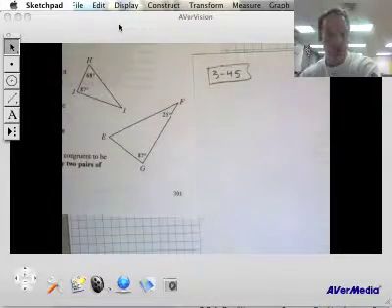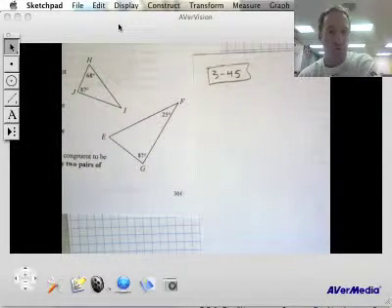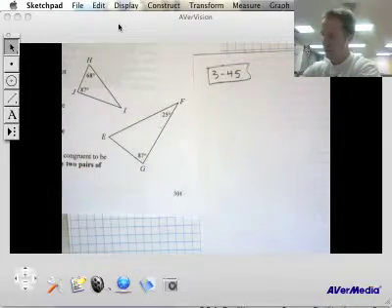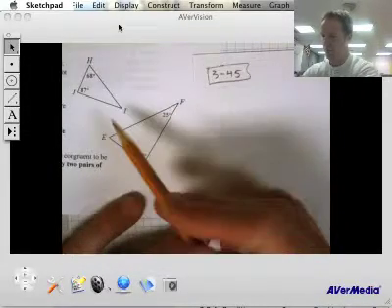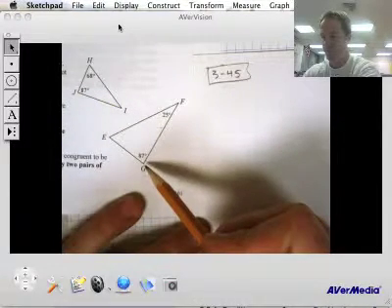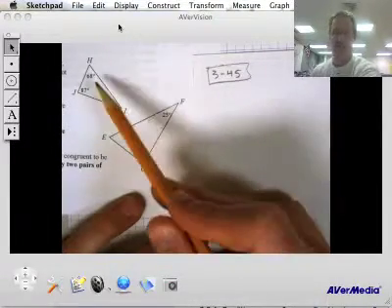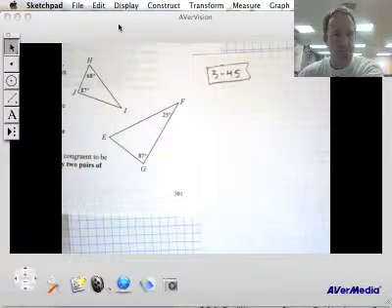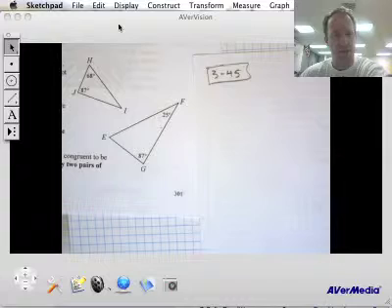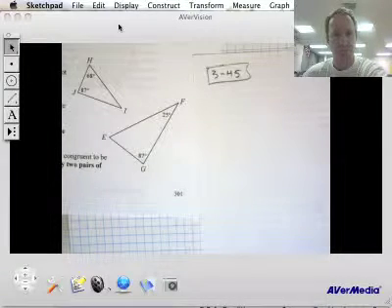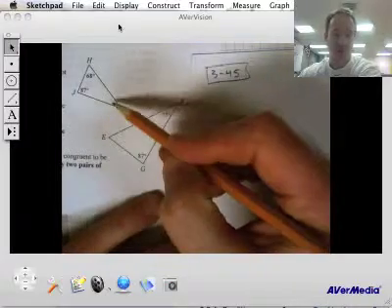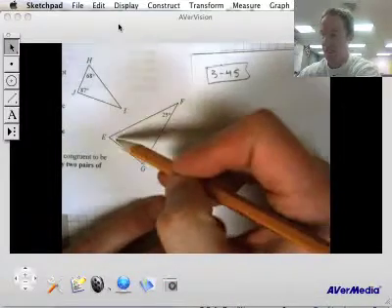Now, in order to use those angles, we've got to know that all three pairs of those angles are the same. So we know that angle J and angle G are the same, but this one's 25 and that one's 68. Does that mean that those triangles aren't similar because the angles aren't the same? Actually, it doesn't, because we're missing some angles right here. Let's find these angles.